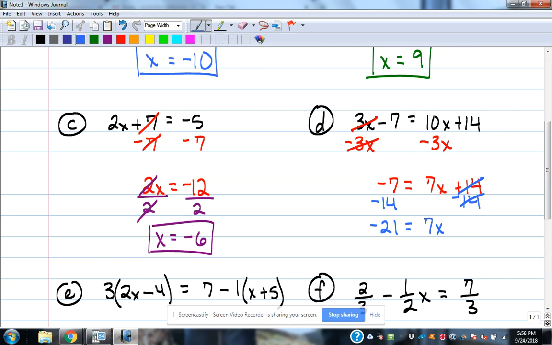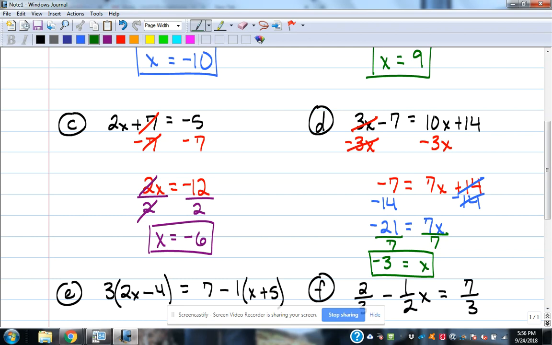I've almost got x by itself. How do I get x by itself? One last move. Divide by 7. Negative 21 divided by positive 7. Negative 3. It goes evenly, so we're going to use negative 3. Equals x. If you turned that around and said x equals negative 3, it's absolutely the same thing.